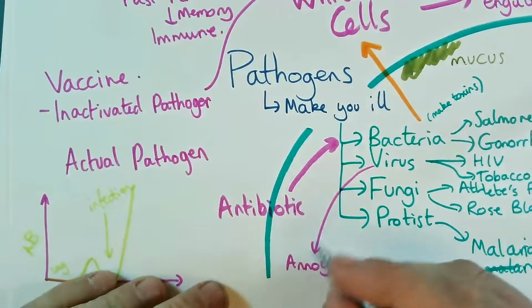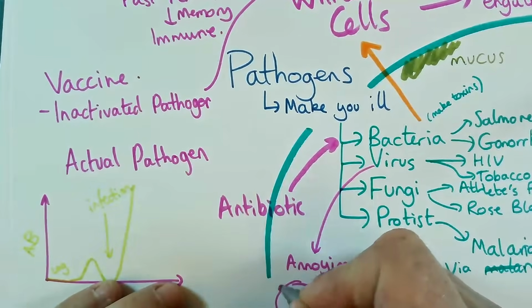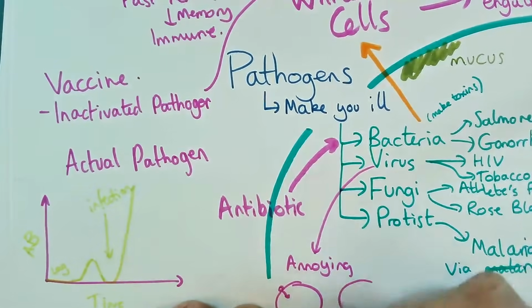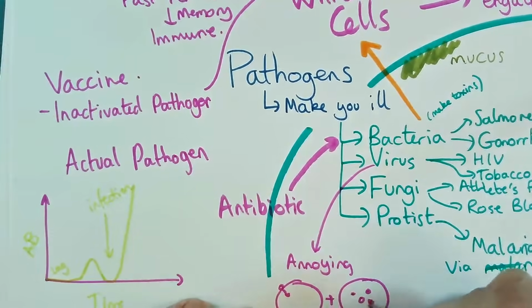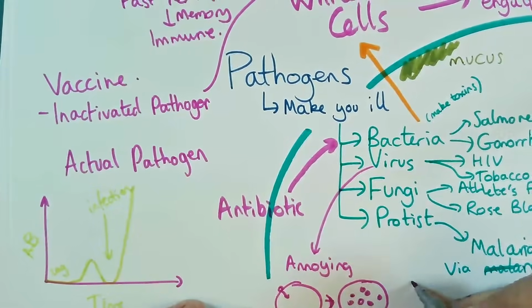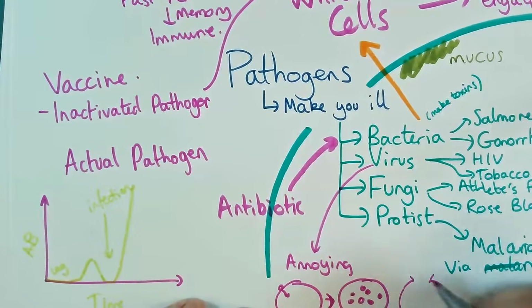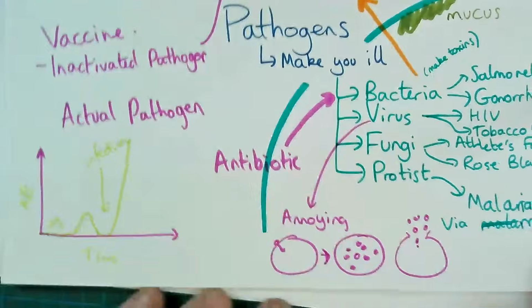The way that they reproduce is the virus will go and infect your own cell. They'll take it over and start making copies of themselves, and then they'll burst out, releasing lots of virus. Why is that annoying?